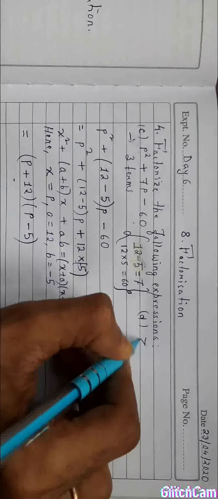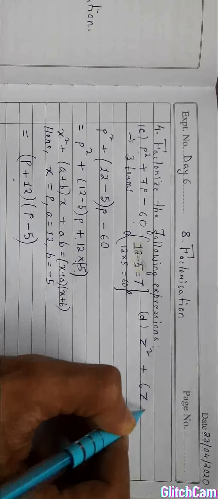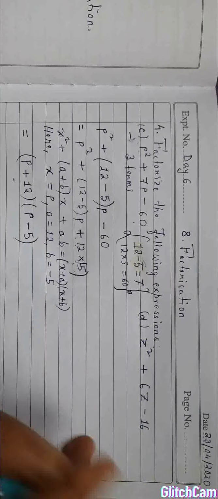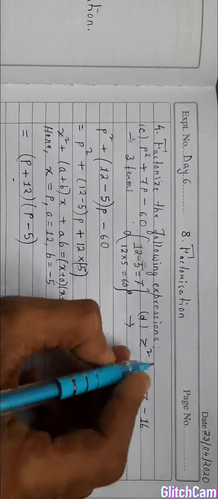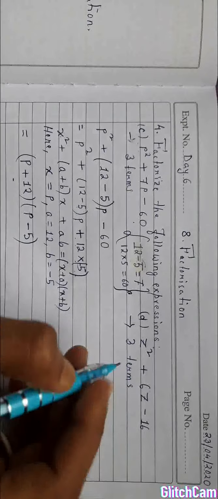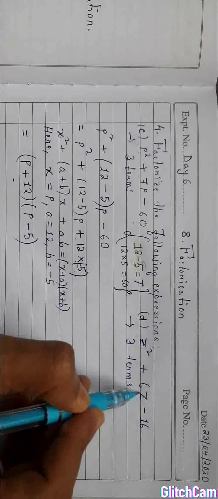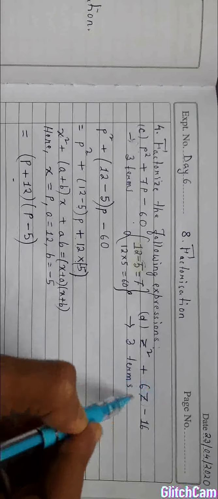Next question is z square plus 6z minus 16. Here also we have three terms: first term, second term, and third term. So 6z is the middlemost term.